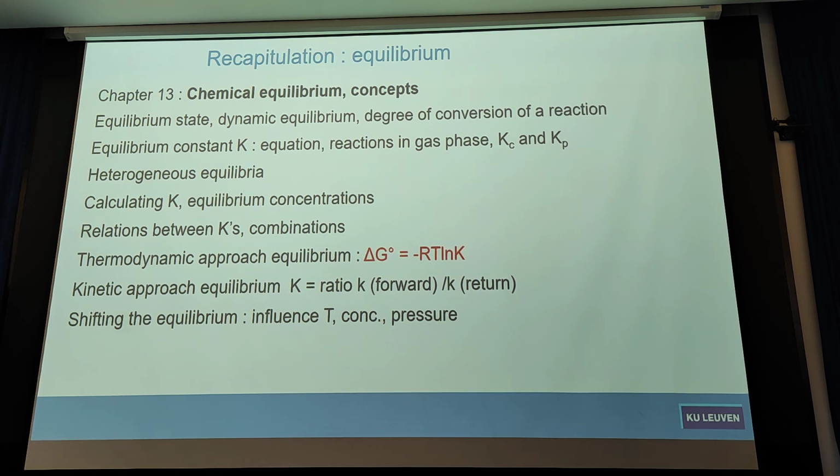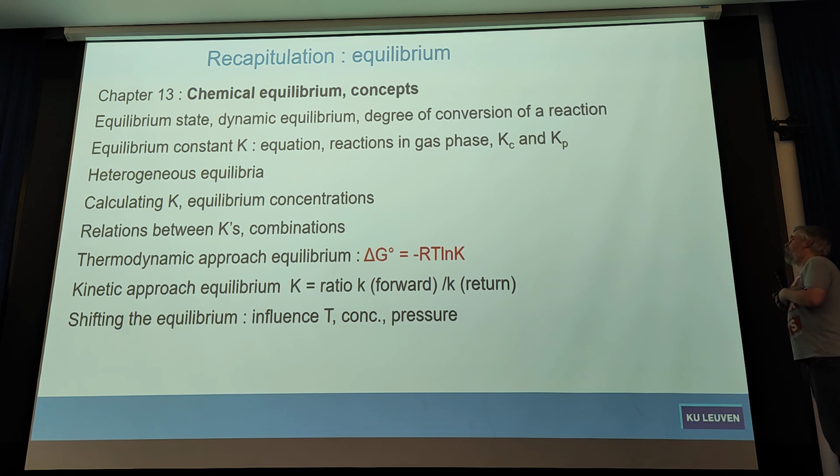And these are the concentrations or the pressures of the products, with an exponent that equals their coefficient in the reaction equation. This is then divided by the concentrations of the reagents. Again, there may be an exponent that goes back to their coefficients.